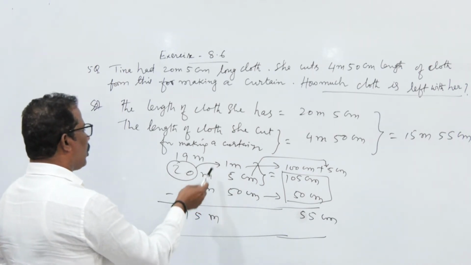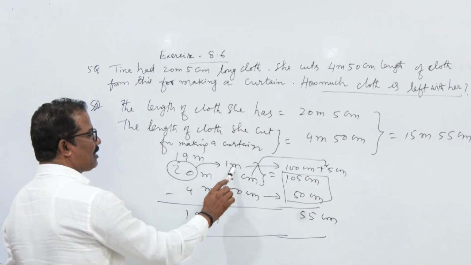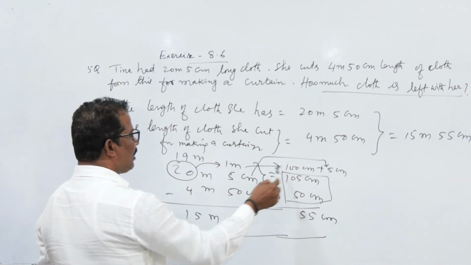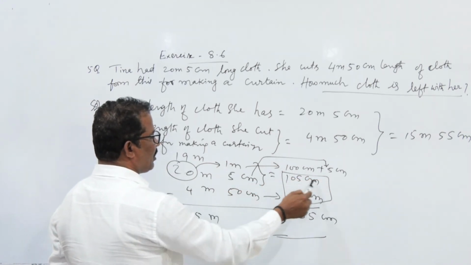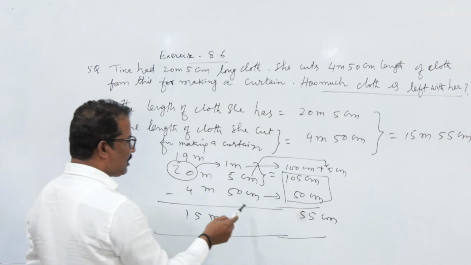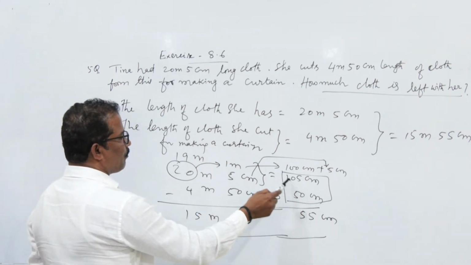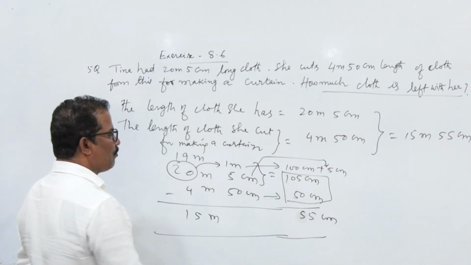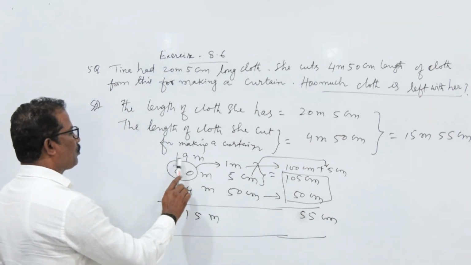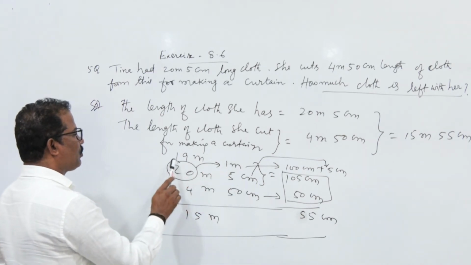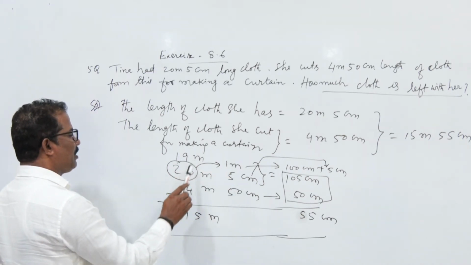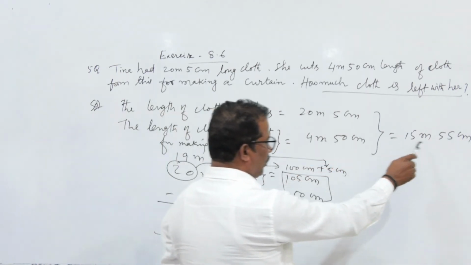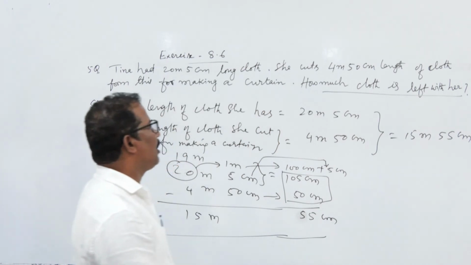So we borrowed 1 meter, and 1 meter we have to convert into centimeter, means it is now 100 centimeter and this 5 centimeter will become 105 centimeter. From 105 centimeter subtraction 50 centimeter means still remaining 55 centimeter. And here from 20 meter, 1 meter given here means only 19 meter remaining. From this 19 meter if you subtract 4 means 15 meter. Still this much length of cloth is left with her.